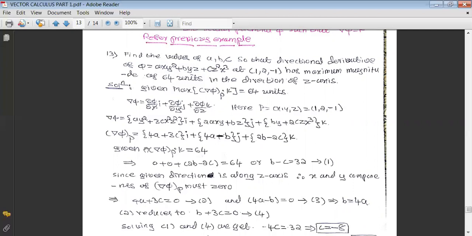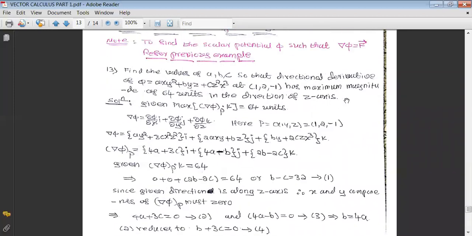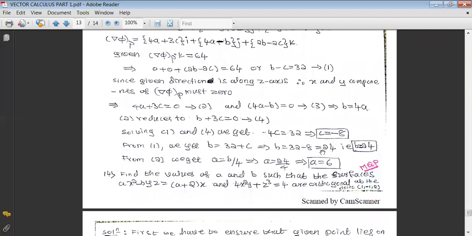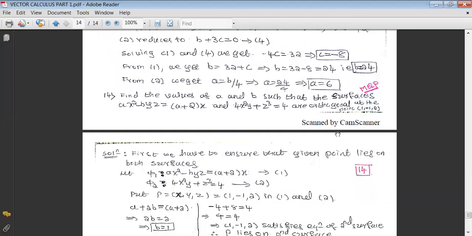Once you calculate the dot product by taking the sum of the products of respective components, we get this. That is the thing we have to keep in mind. Since the directional derivative is along the z-axis, the x and y components of del pi at p must be 0. That's why we have taken these two as 0. By some calculation, we get a as 6, b as 24, and c as minus 8.